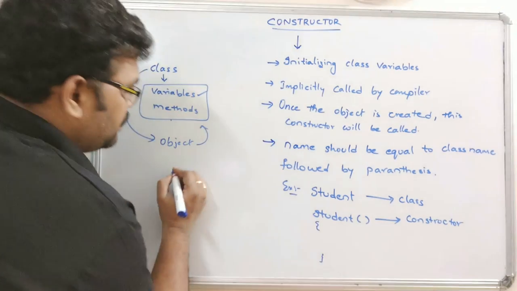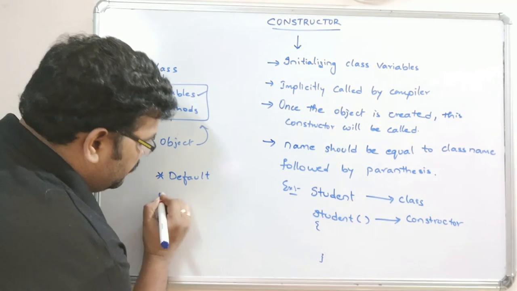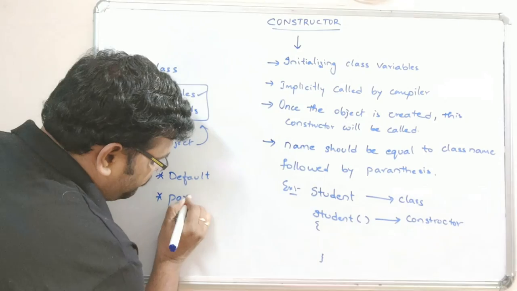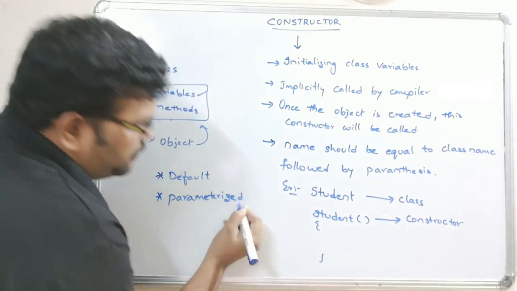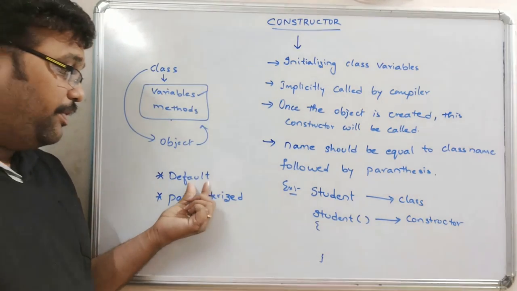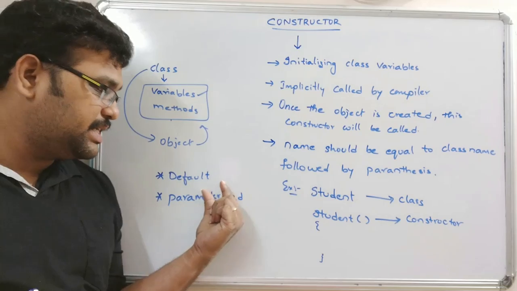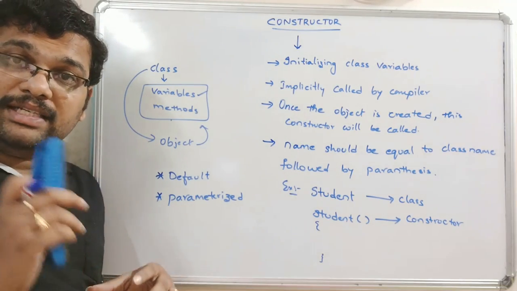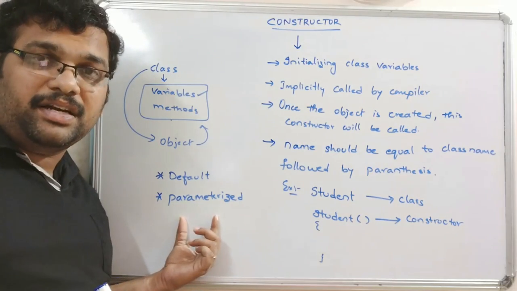These constructors are of two types. One is the default constructor, another one is the parameterized constructor. A constructor without any arguments is called a default constructor, and a constructor with parameters or with arguments is called a parameterized constructor.